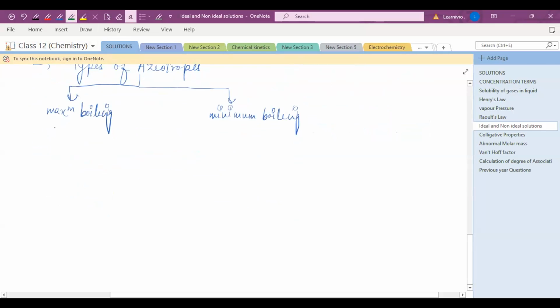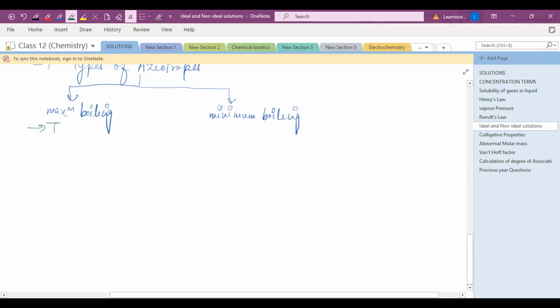So the solution which shows large negative deviation from Raoult's law, right? Raoult's law से negative deviations show करेगा, that is your maximum boiling azeotropes.